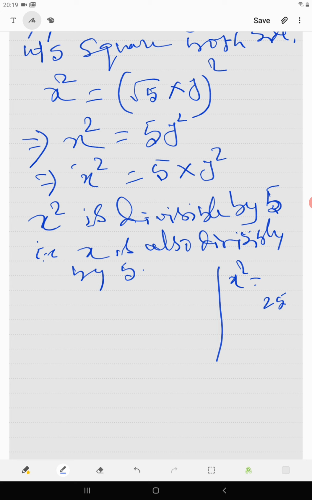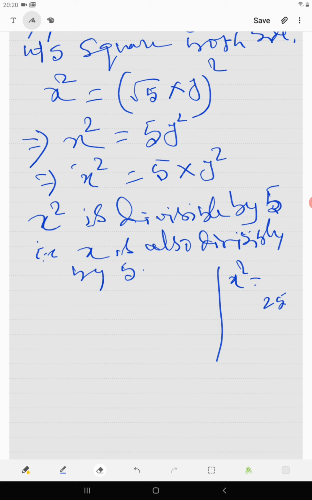Then it can be 45, because 45 by 5 is 9. But it should be in square form, so 45 is also not a correct example.